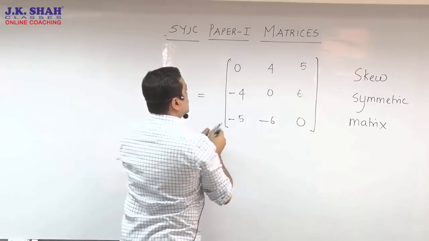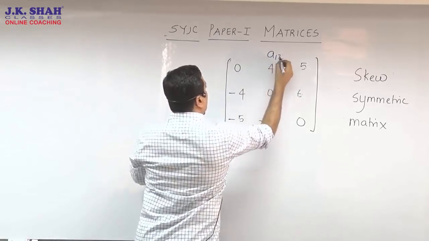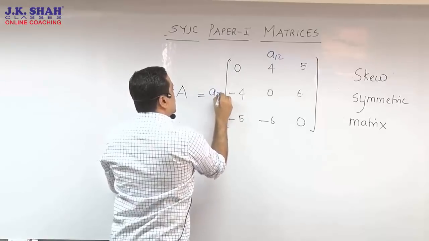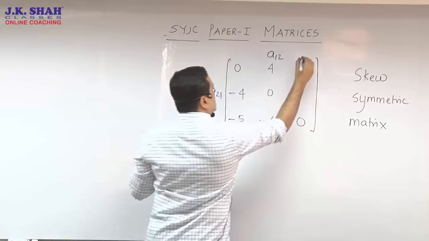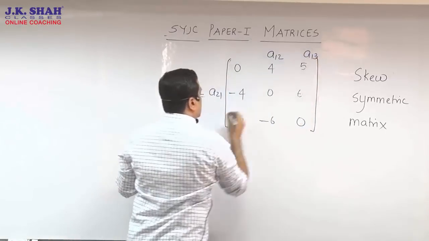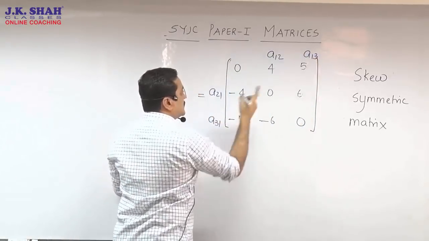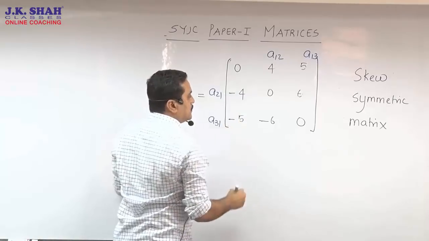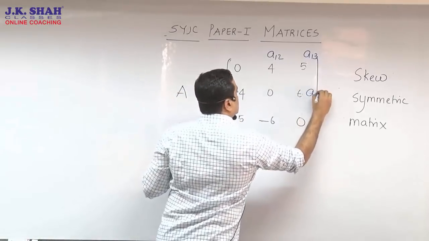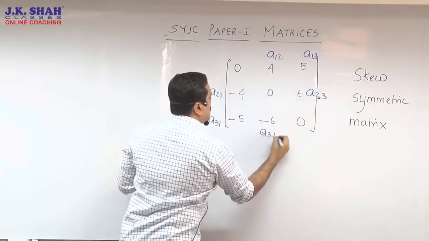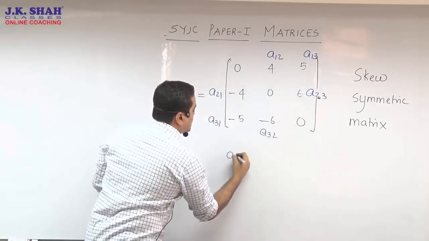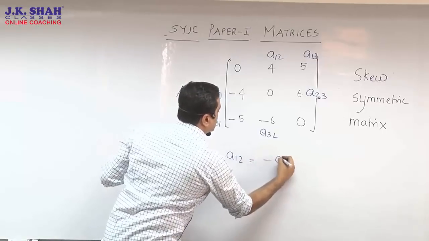It means your A12, if I am not wrong, and this is A21, they are not equal. They are equal in magnitude but opposite in sign. Similarly, A13, A31, magnitude same, sign opposite. A23, sorry, A23 and this is A32. So what I see over there is A12 is minus A21.